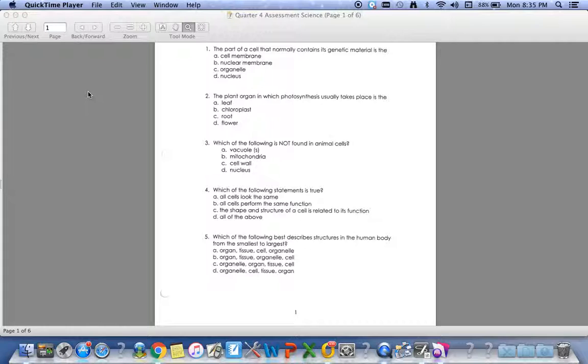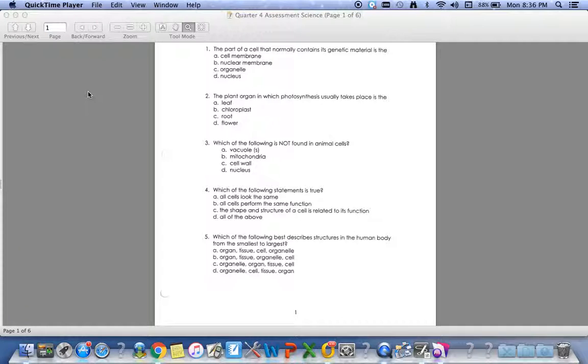Number 4. Which of the following statements is true? A. All cells look the same. B. All cells perform the same function. C. The shape and structure of a cell is related to its function. D. All of the above. Number 5. Which of the following best describes structures in the human body, from the smallest to the largest?